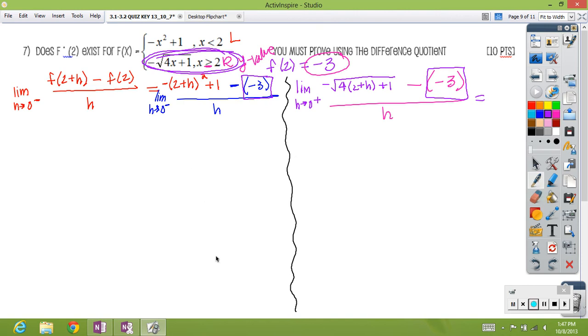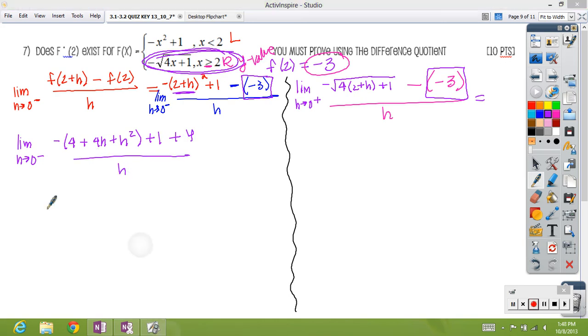So, going back to where we were, the limit as h goes to 0 from the left would be negative 4 plus, where am I getting this? Right here, plus 4h plus h squared plus 1 plus 4 all over h.